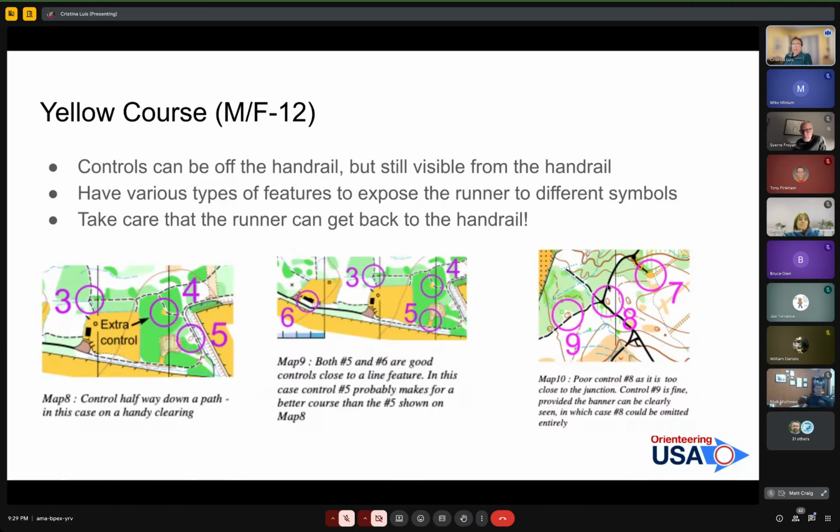They're coming along here and they run off to get it, and then they come back, and now they don't know which trail they're on. They don't know if they're on this one or this one, because that is a little depression. So they go into the depression and they don't know. So just be wary of that and where you place controls. In this case, 9 is also a depression, but you go in and you punch and you come back out and you know you're on that trail and you know which way you're facing.